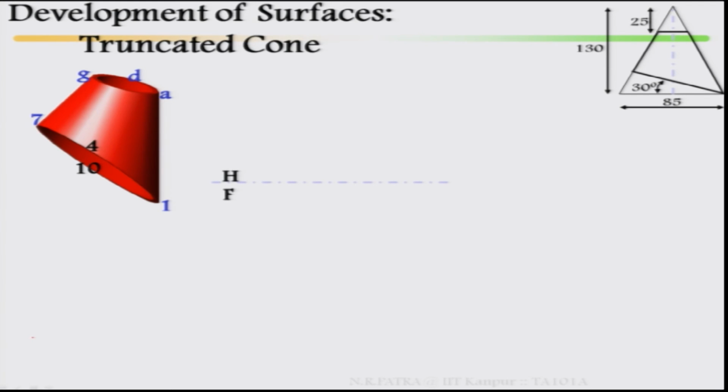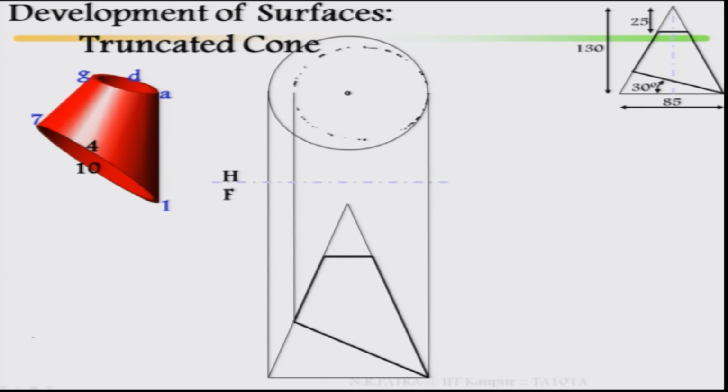If you look here, this is a cone. In this cone the base has been truncated, and the top also has been truncated. Draw the front view, then draw the top view. Once you draw the front view, considering the base, draw the circle, and considering the truncated part, draw the circle.